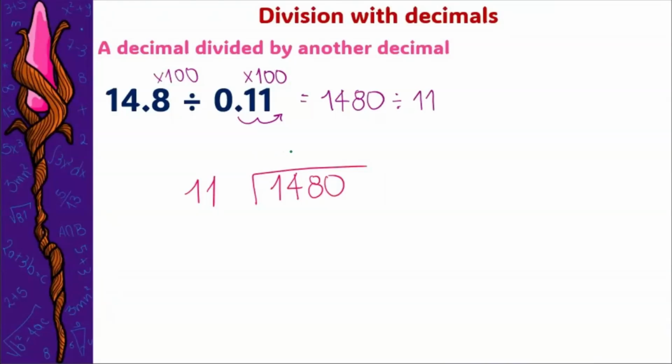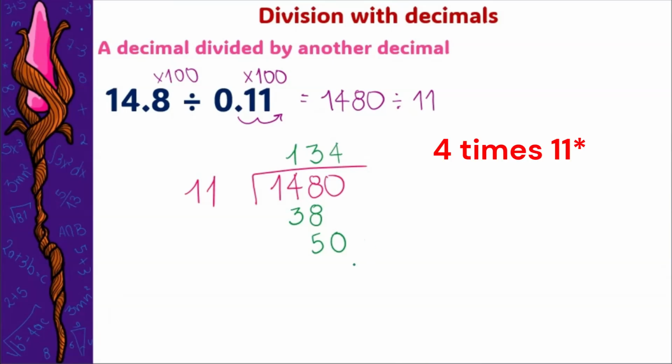14 divided by 11 is 1. 1 times 11 is 11. 11 to 14 needs 3 more to go. Okay, we bring down the 8. 11 times 3 is 33. 33 to 38 is 5. Bring down the 0, and that's going to be 4. 4 times 11 is 44. 44 to 50 is 6.